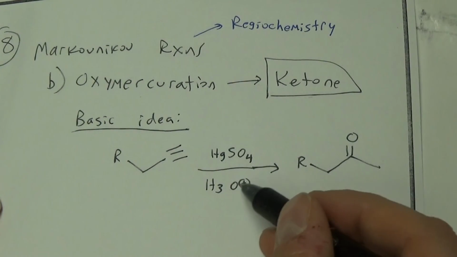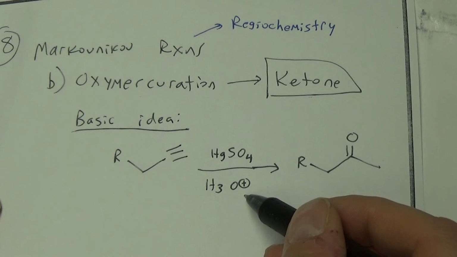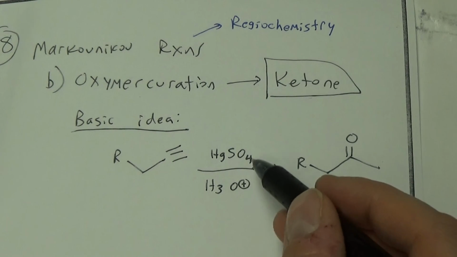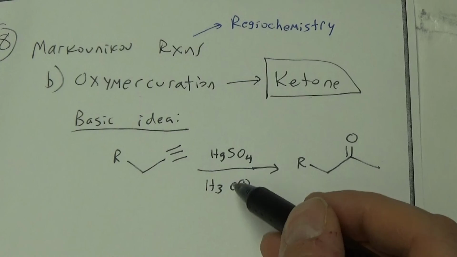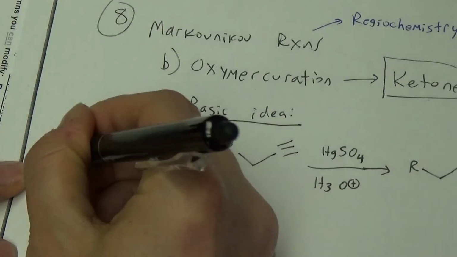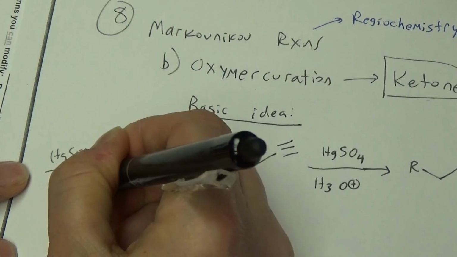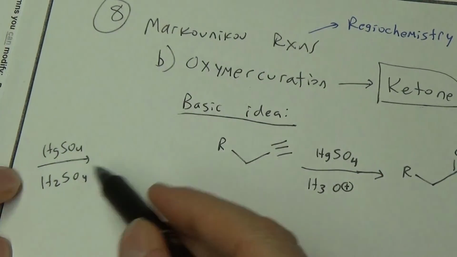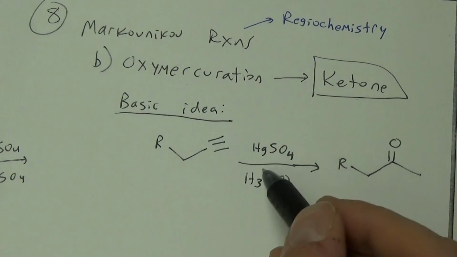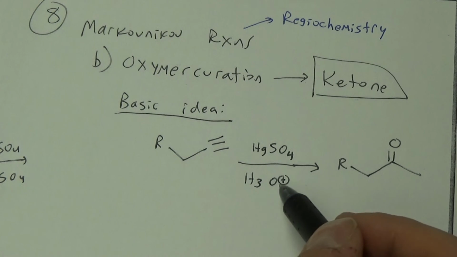Sometimes the acid water is just sulfuric acid, H2SO4. So in different books, what you'll see is HgSO4, H2SO4. But anyways, acid water is the reagent. What's the other difference?